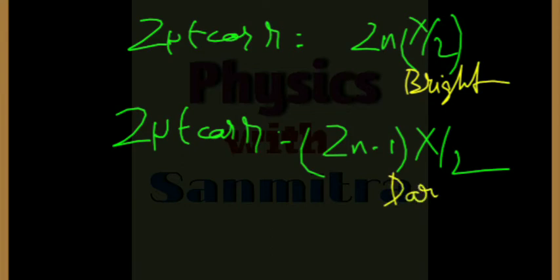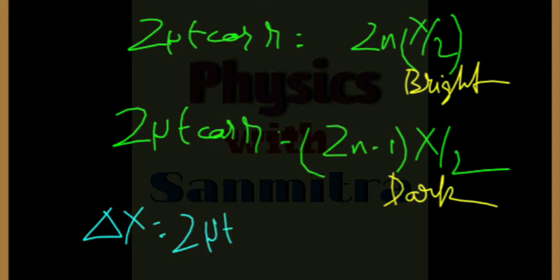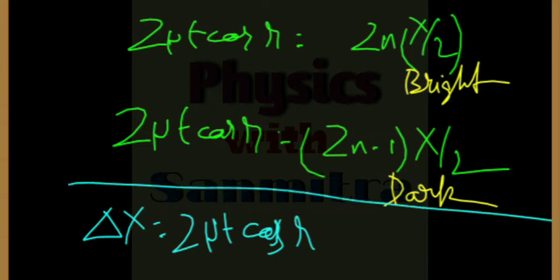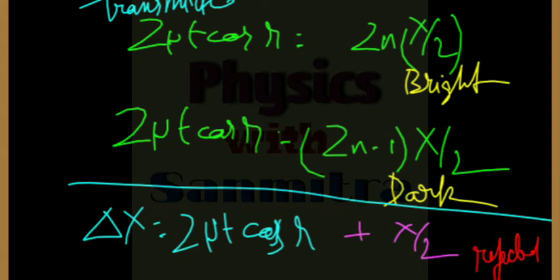So what you have to remember is that delta x is equal to 2 mu t cos r, where r is the refraction angle, t is the thickness of the film, and mu is the refractive index, and this is for transmitted. And for extra, I am writing in pink, there will be a plus lambda by 2 in the reflected case, and for the transmitted case only this much is enough.